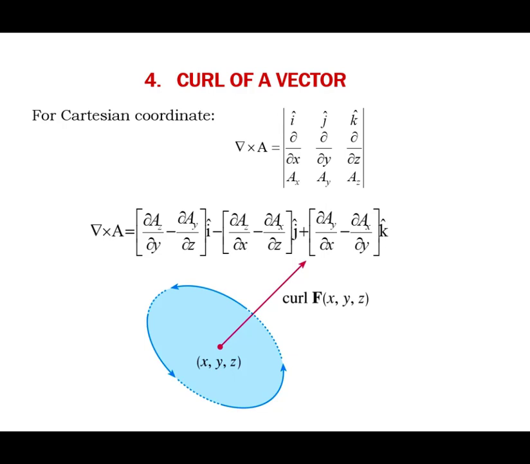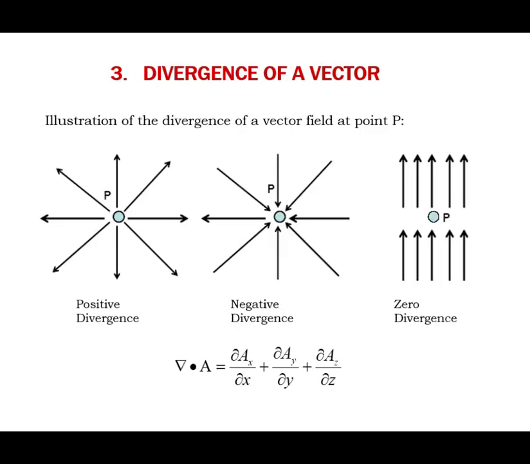If you operate the del operator on any vector field A via cross product, then it is known as the curl of the vector. Curl of a vector can be computed with the simple method of cross product of any two vectors. Like the divergence of any vector field was a scalar quantity because there is no i cap, j cap or k cap in that expression. So the divergence of a vector field is a scalar function.